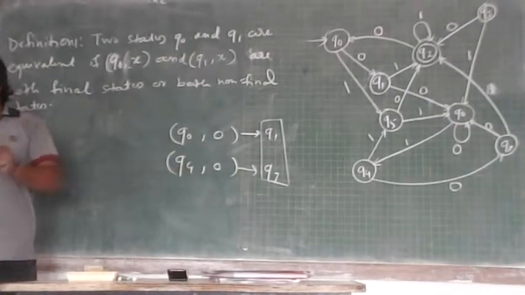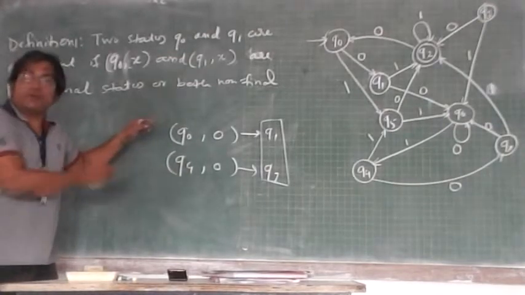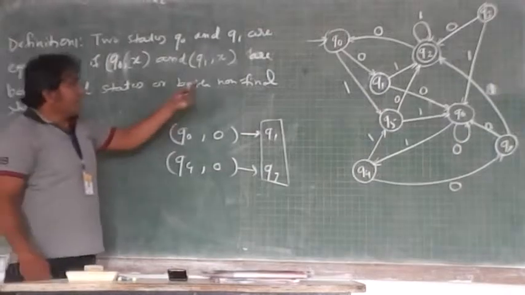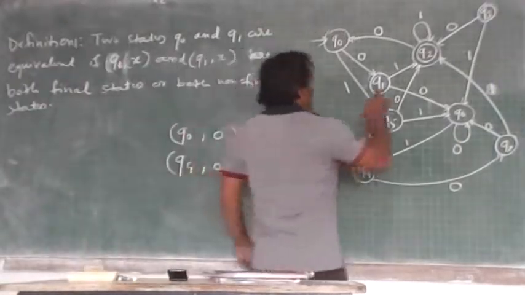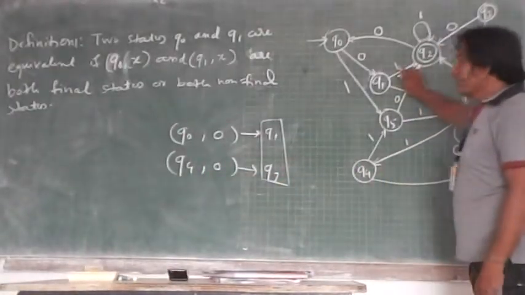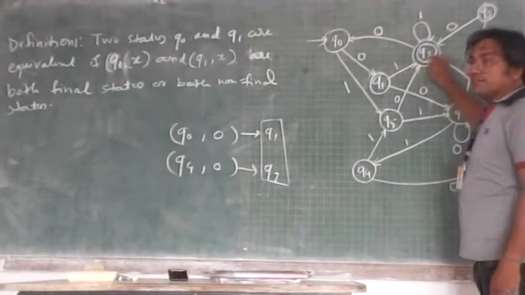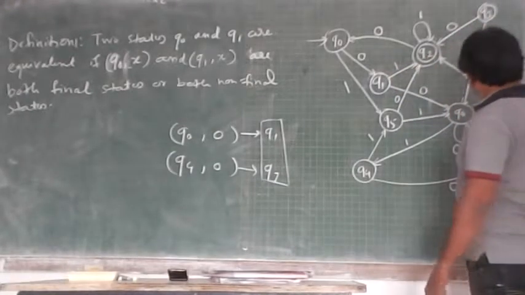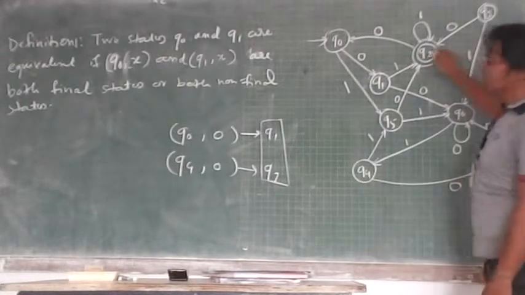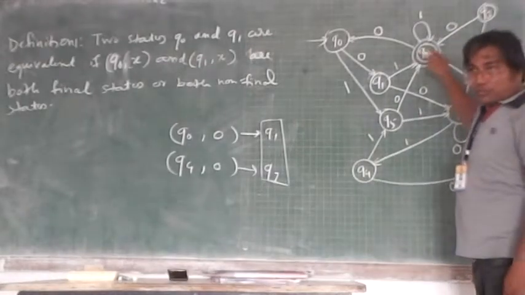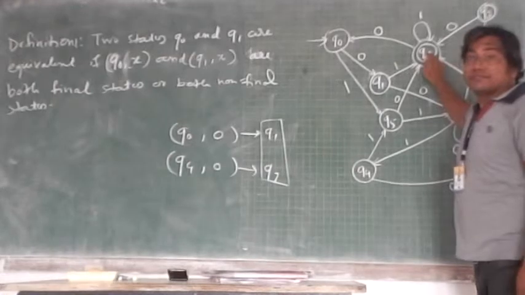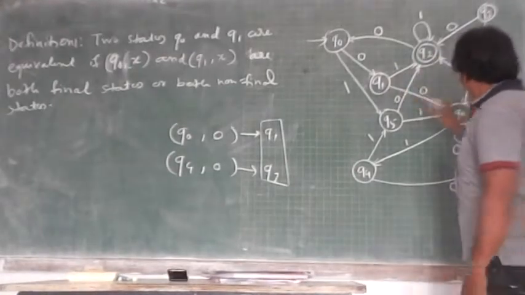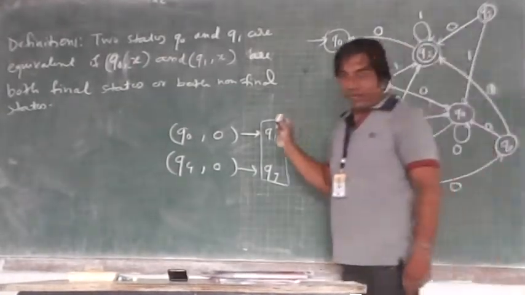Equivalent does not mean equal; they have the equivalence property. Another example: Q11 is Q3, and Q71 is Q3. Both give you the final state. In that case, Q1 and Q7 are equivalent states.